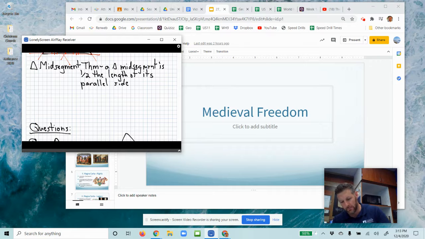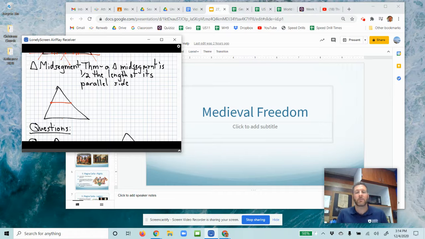So let me draw this in black. OCD says it's got to stay consistent. So we've got a triangle there. Again, we can draw the mid-segment triangle by finding the midpoints. Let's start with these two. Say those are the two midpoints, and I connect those.